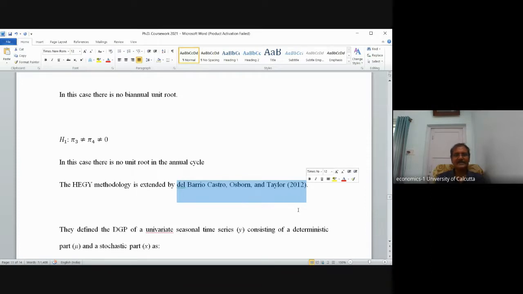So the HEGY test expanded by Del Barrio, Castro, Osborne and Taylor could be looked at in terms of the radian measures, in terms of the seasonal frequencies.